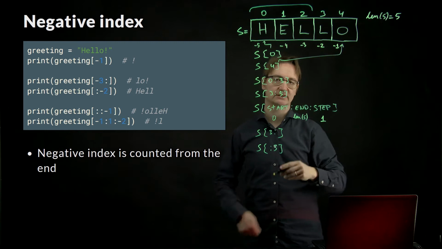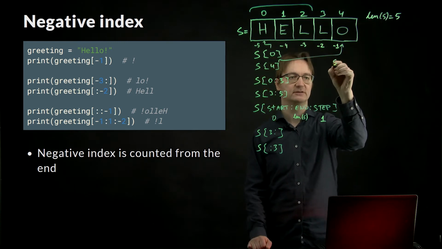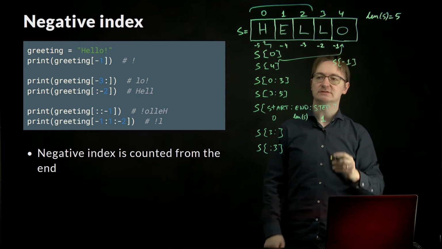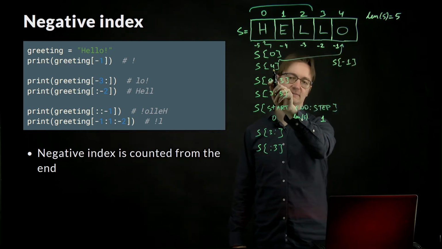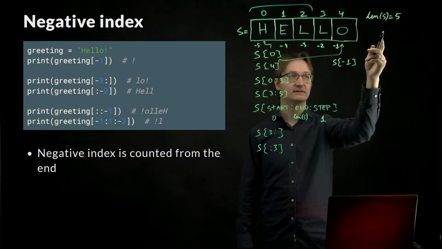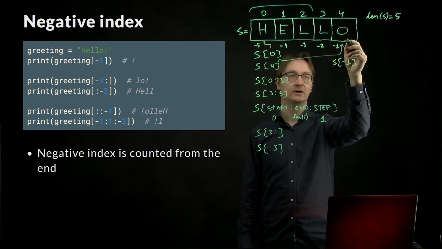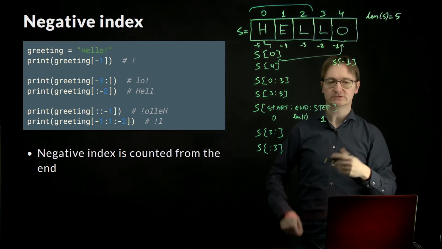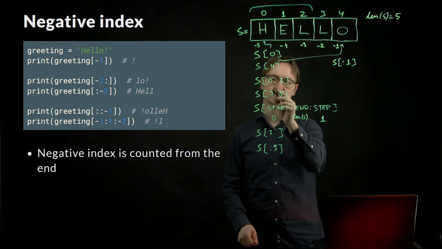For example, to get the last element, I could write s[-1]. Instead of getting the value 4 here, I could get the length and subtract 1, but instead I can just use -1. This also can be applied for slicing.